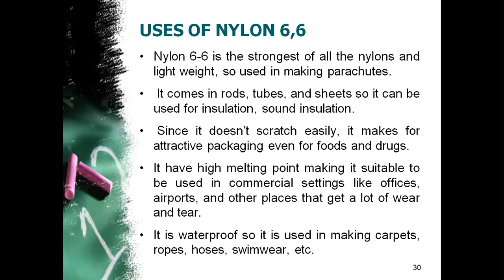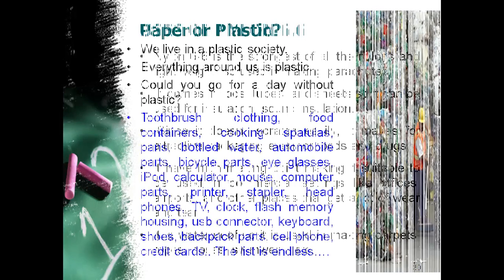It does not scratch easily, so it is used to make packaging for food and drugs. It has high melting point, so it is suitable to be used for commercial settings like offices, airports, and other places. It is waterproof, so it is used to make carpets, ropes, hoses, swimwear, etc.